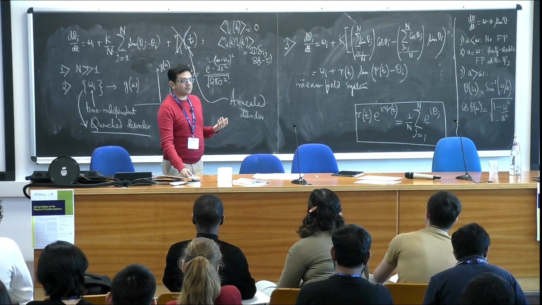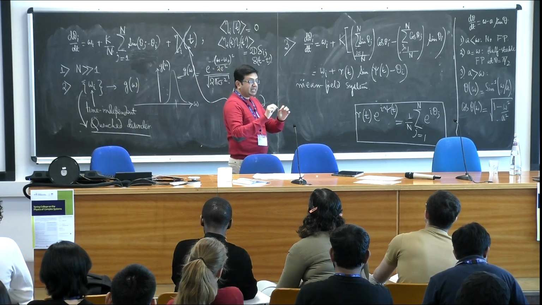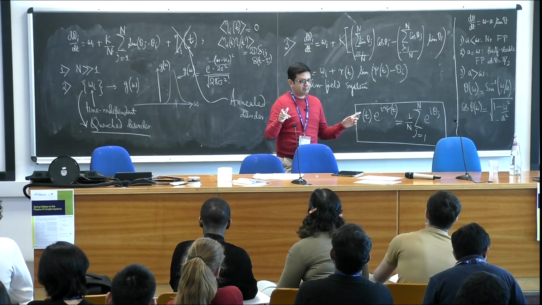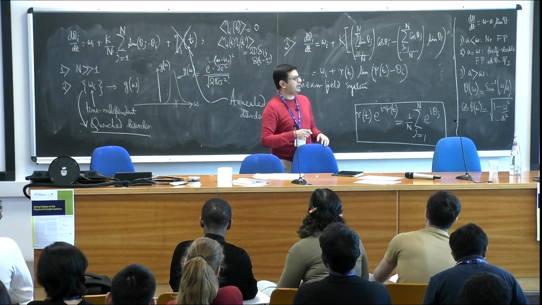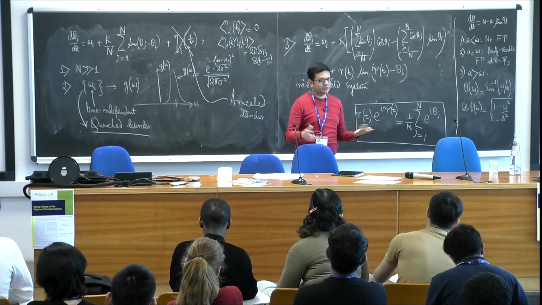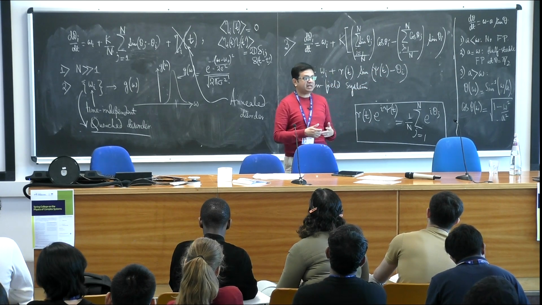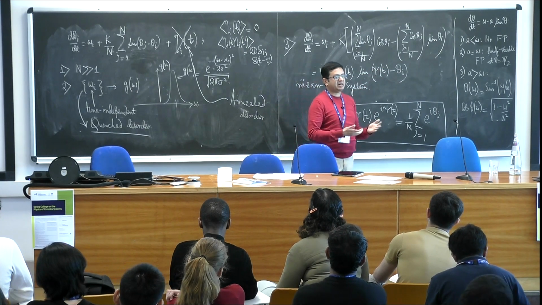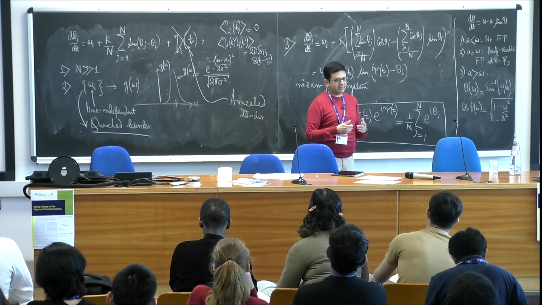Why? Because you are interacting equally well with everyone. It's not that you can make out that that guy is very far and this guy is very close. No, everyone is as far and as close as anyone else.